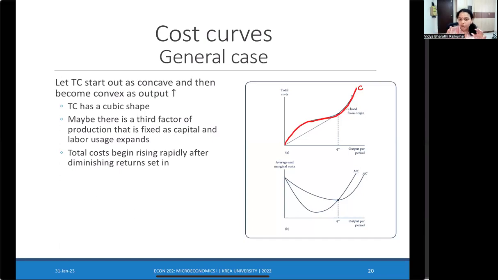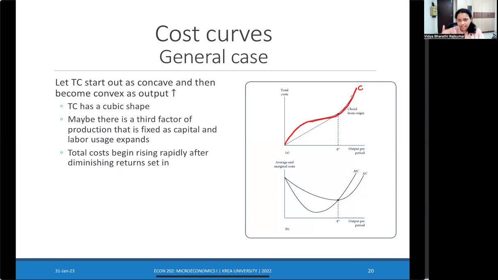Now this sort of graphical shape for the cost function is more realistic, and it's called a cubic shape. It's pretty much like a mirror image of an S, if you can visualize it. So this is a more realistic scenario. The total costs begin rising rapidly after a certain point, after diminishing returns to inputs set in.